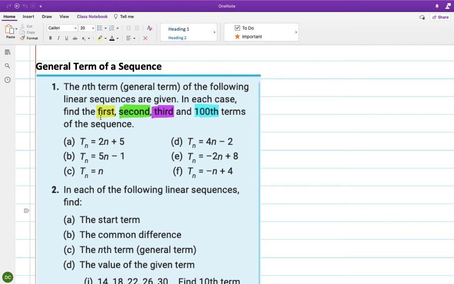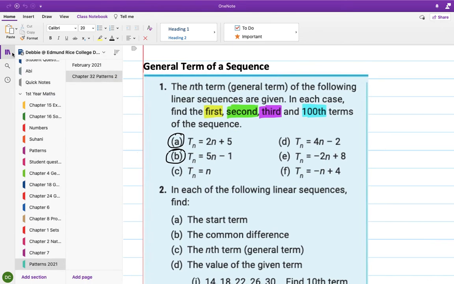Okay, so for homework, I would like you to do A and B. I'm just going to pop this into your journal.